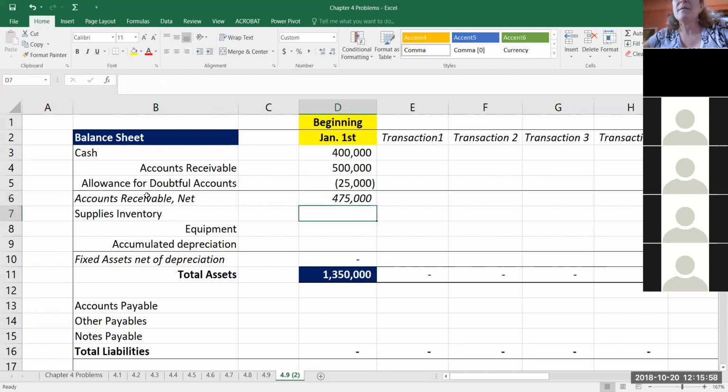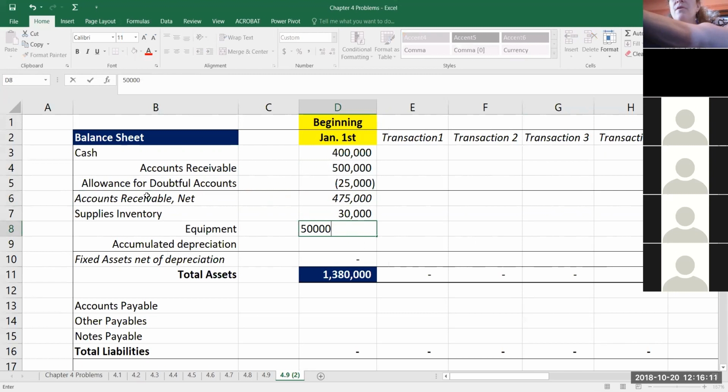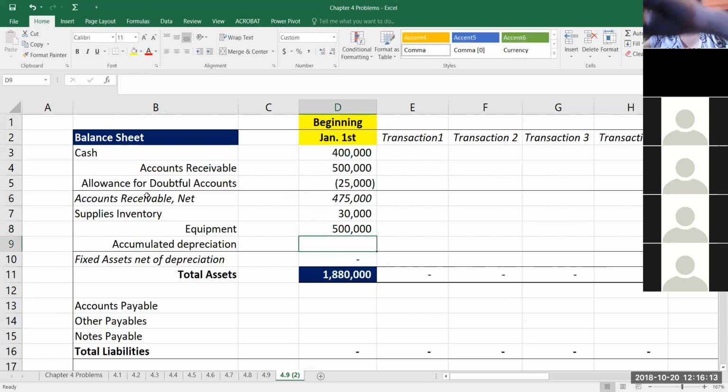We're going to say that we have supplies inventory of 30,000. Okay. And then let's say another 500,000 of equipment, and our accumulated depreciation on that equipment we'll say is at half, that's 250,000.